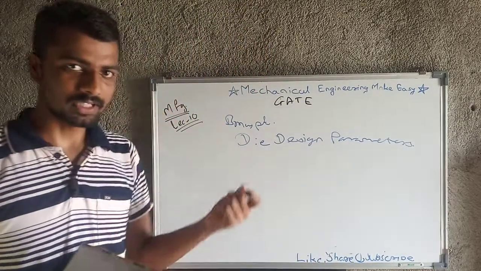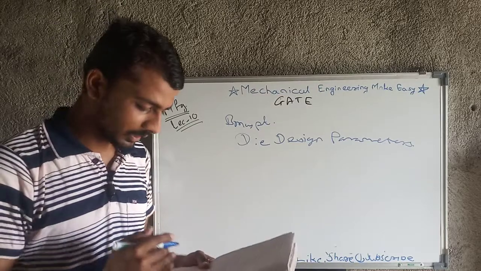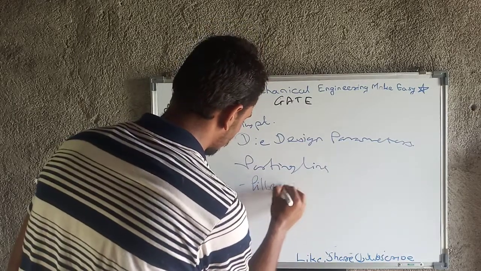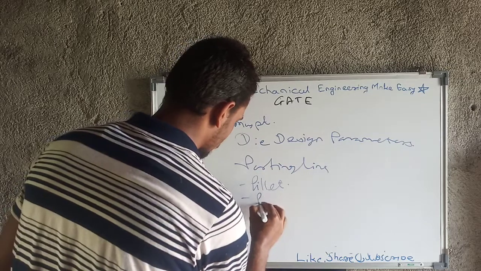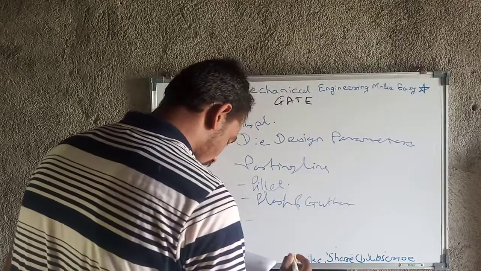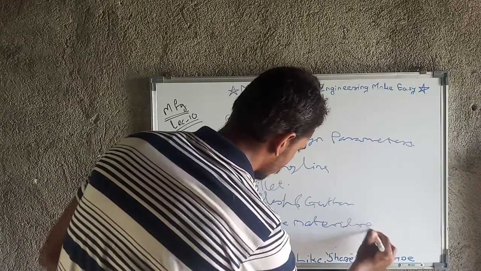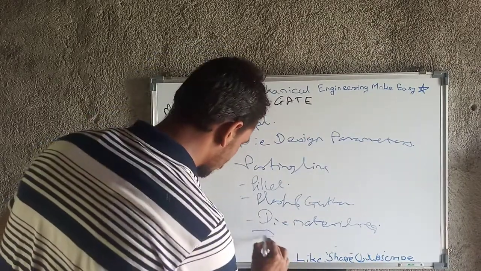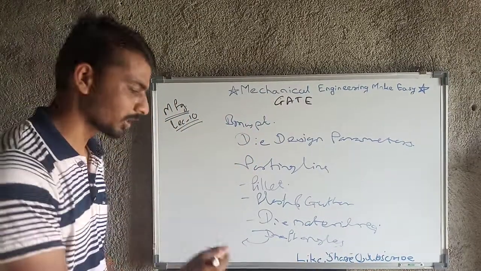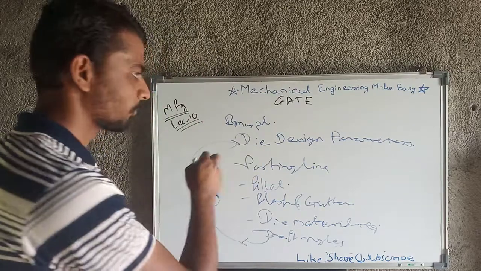What are the die design parameters we have to consider while designing a forging die? There is the parting line, the fillet, flash and gutter, die material requirements, and draft angles. Draft angles are the taper we provide for easy removal. These are the parameters we have to consider while designing a die for forging operation.